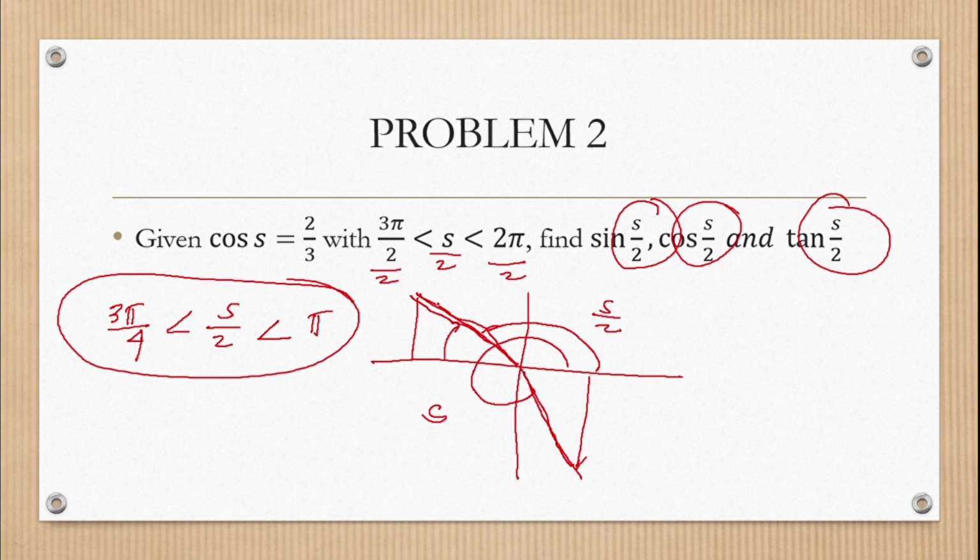So we have here the formula for sine s and cos s. First thing that we're going to do is find sine s over 2, given cosine s is 2 over 3. Sine s over 2 is equal to positive or negative the square root of 1 minus cosine s over 2.